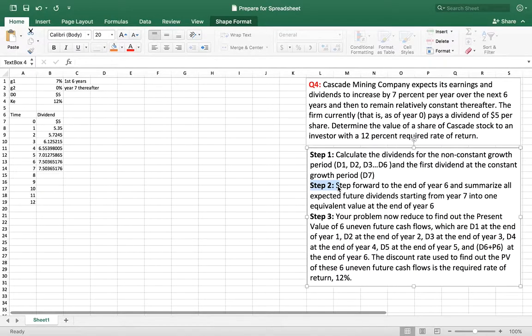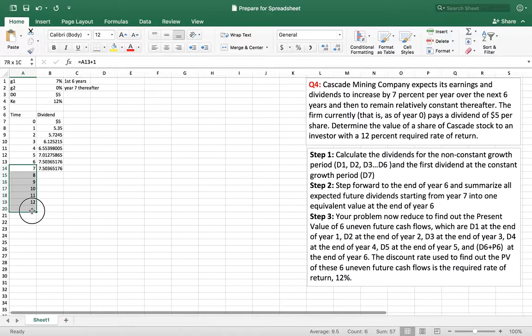In this example, we step forward to year 6 and summarize all the expected future dividends starting from year 7 into one equivalent value at the end of year 6.